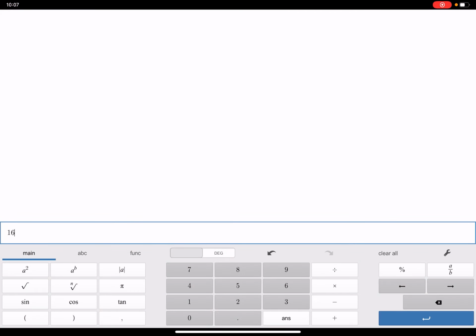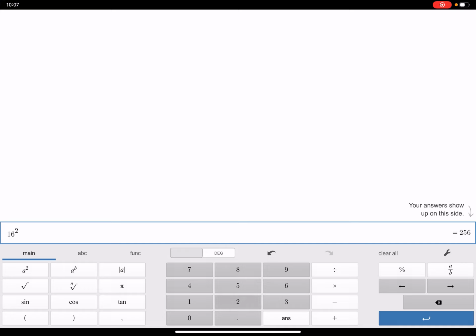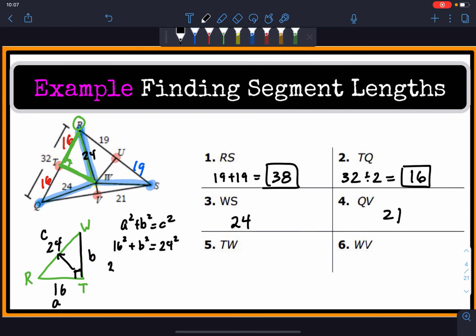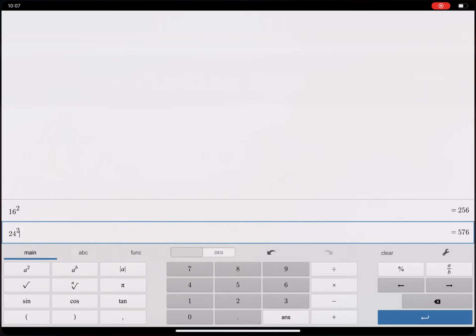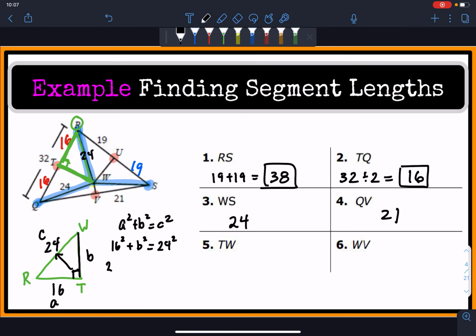So 16 to the second power is 256. 24 to the second power is 576. 256 and 576.